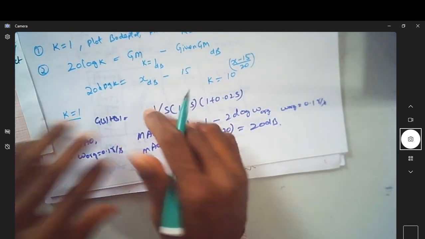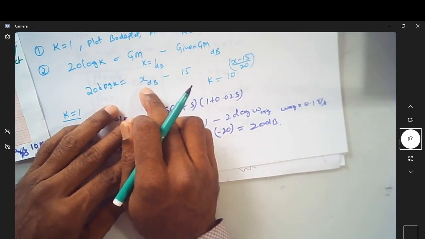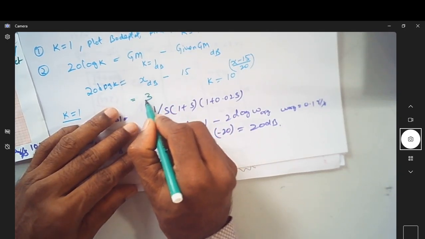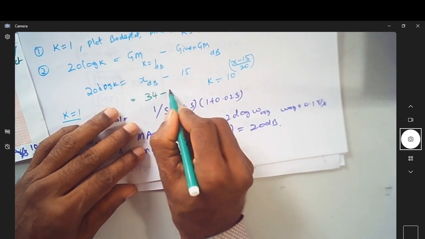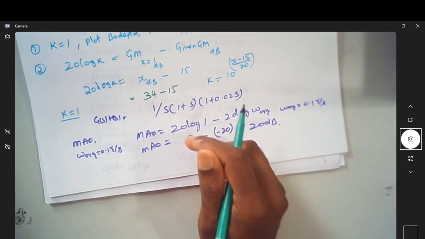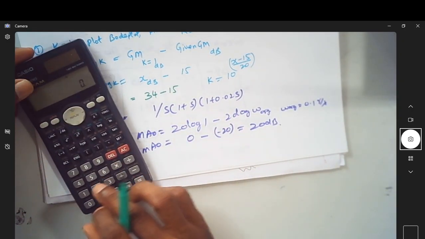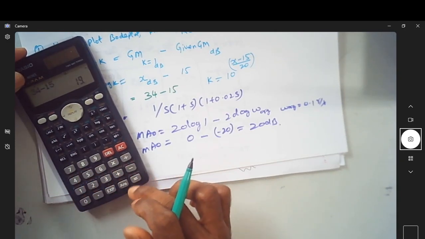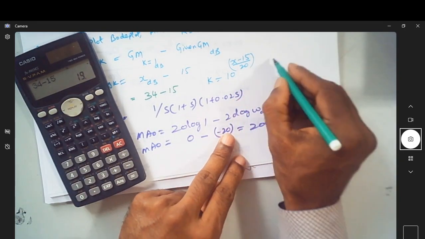So now let us come to this. In the example we took it as x dB. Now let us take the specific value. It is now 34 dB minus 15. So what is 34 minus 15? It is 19. So what is the value of k now?